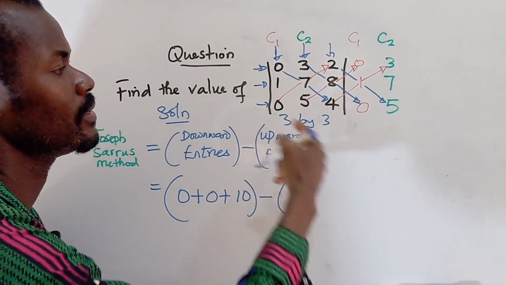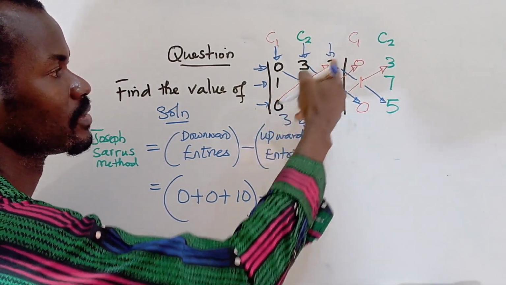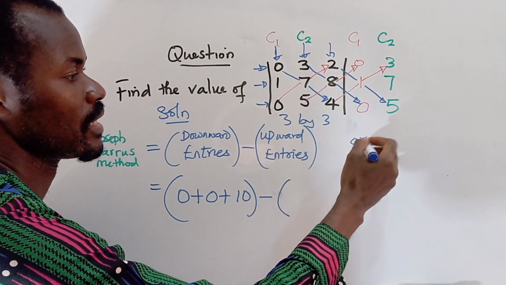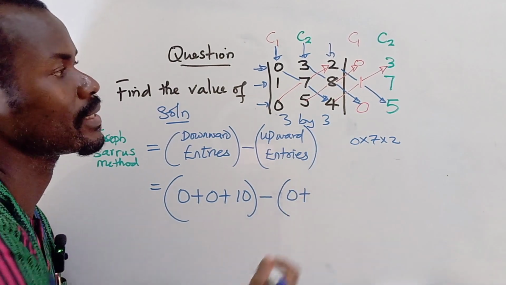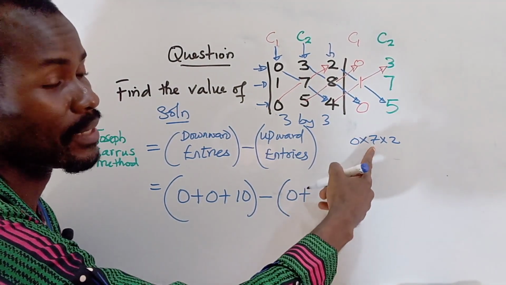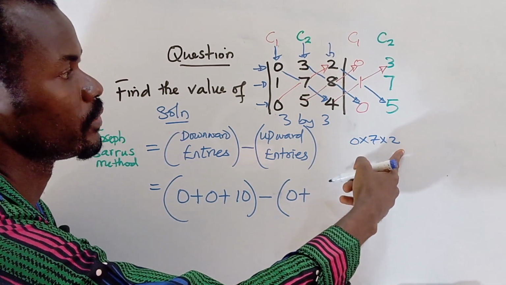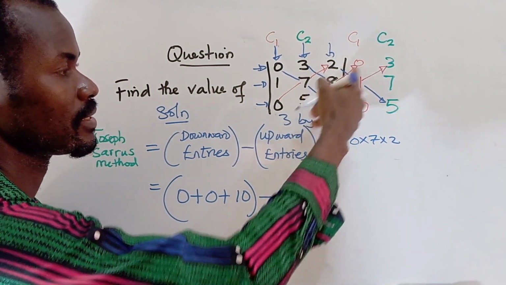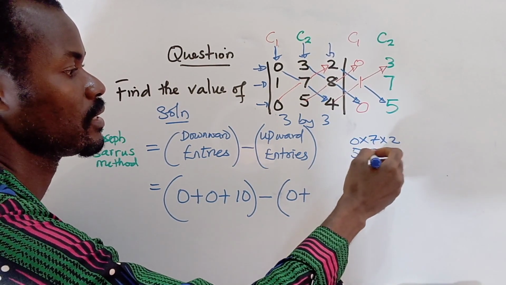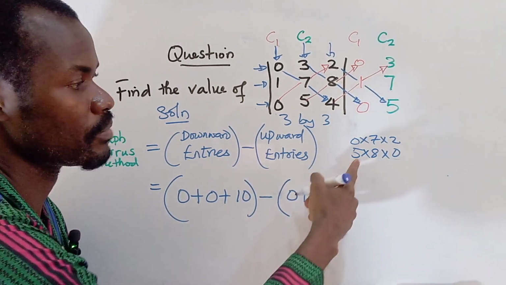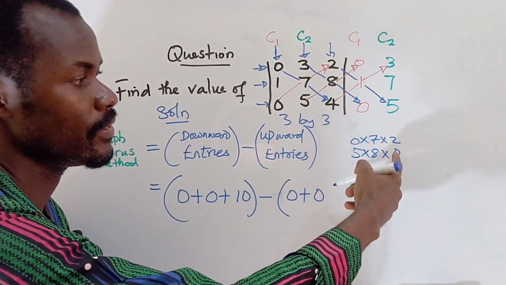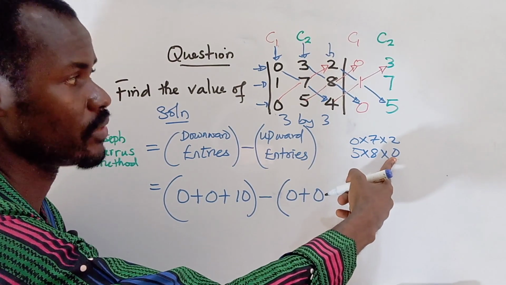So let's multiply all the numbers. 0 times 7 times 2. 0 times 7 is 0, times 2 is 0. Plus 5 times 8 times 0. 5 times 8 is 40, 40 times 0 is 0.